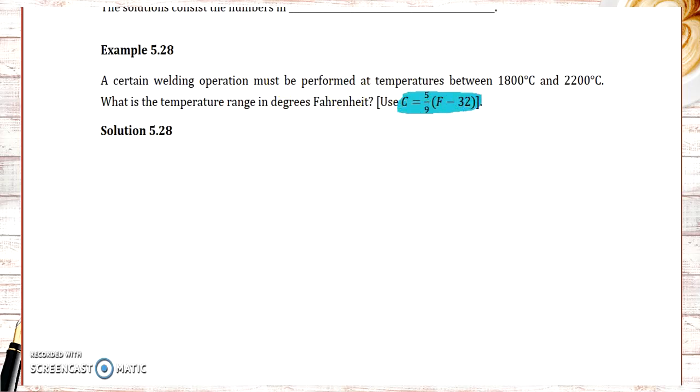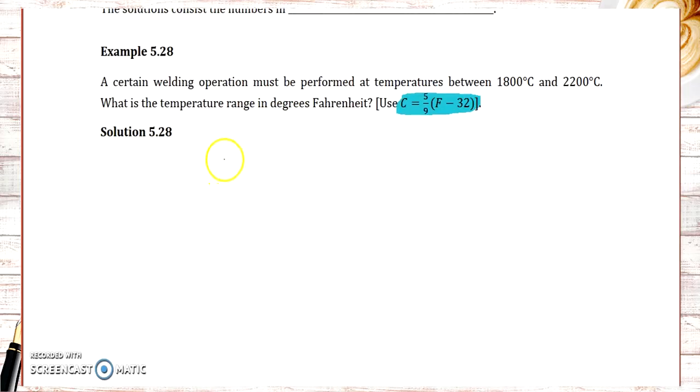Given this formula, how to change Celsius to Fahrenheit. We are given the temperature in Celsius. First, we write the temperature of the welding operation in Celsius, from 1800 degrees until 2200 degrees.